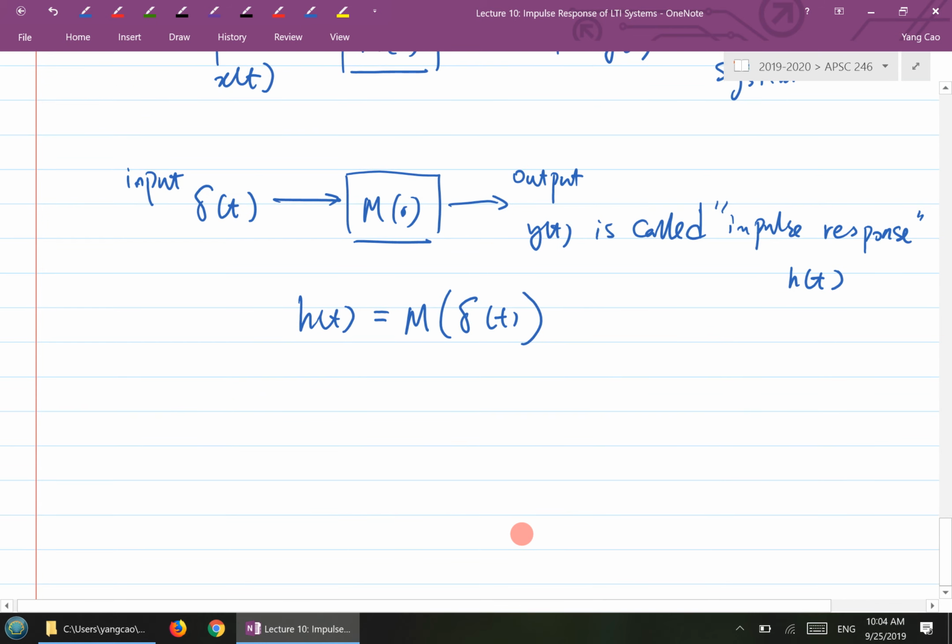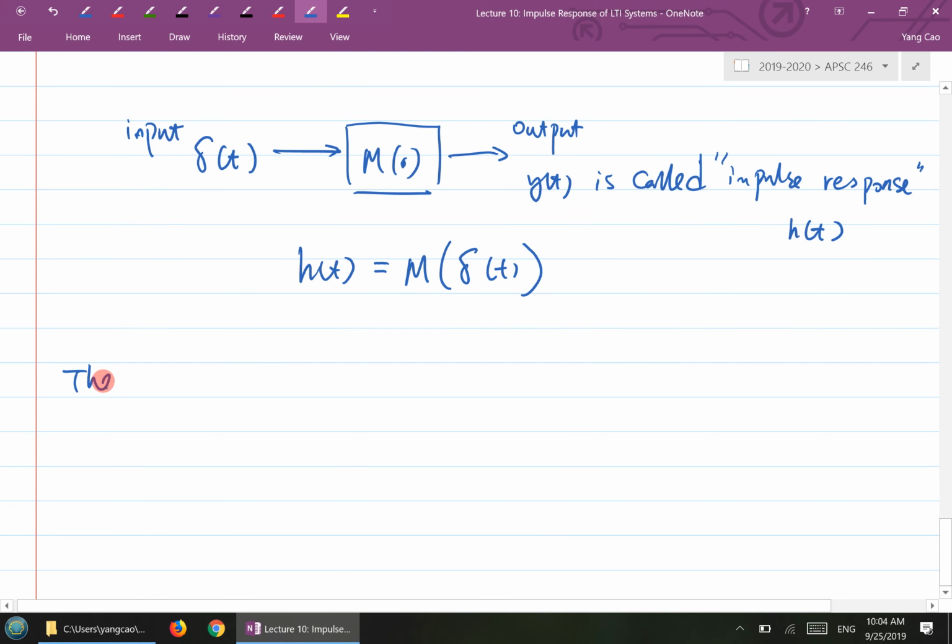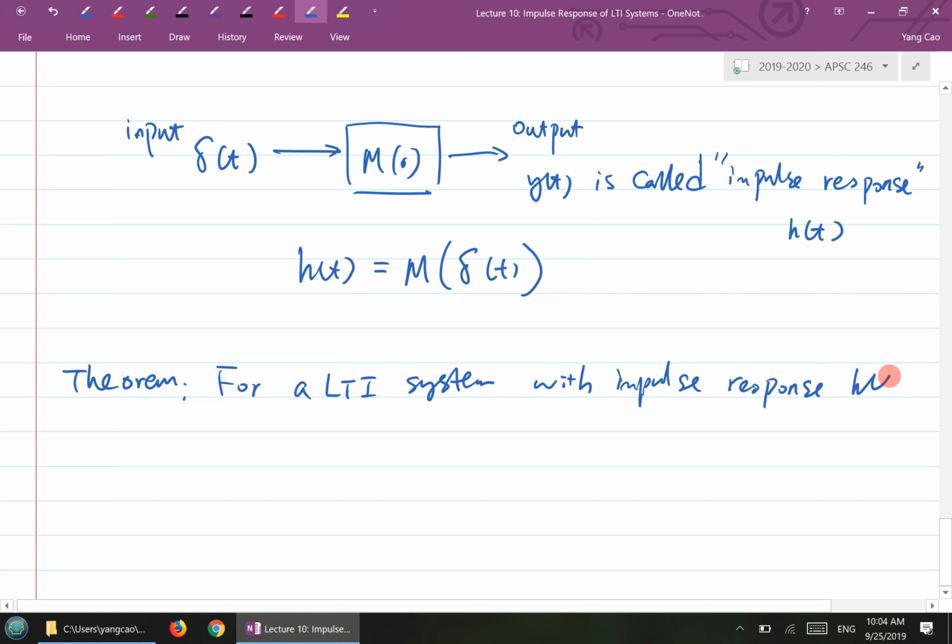And then I can present you with a very, very important theorem for LTI systems. So let's look at a theorem here. This is a very important one. For an LTI system with impulse response h of t.